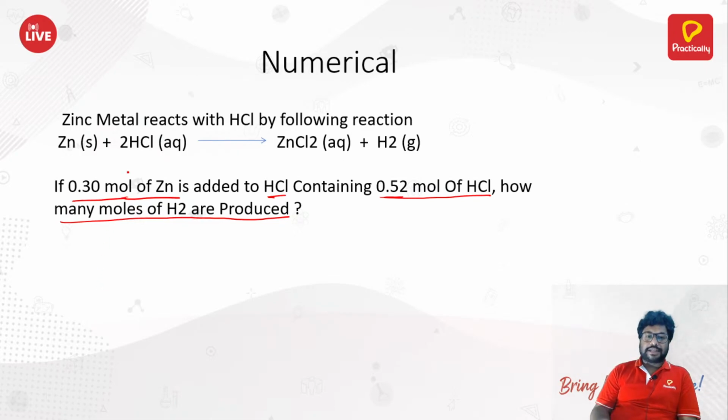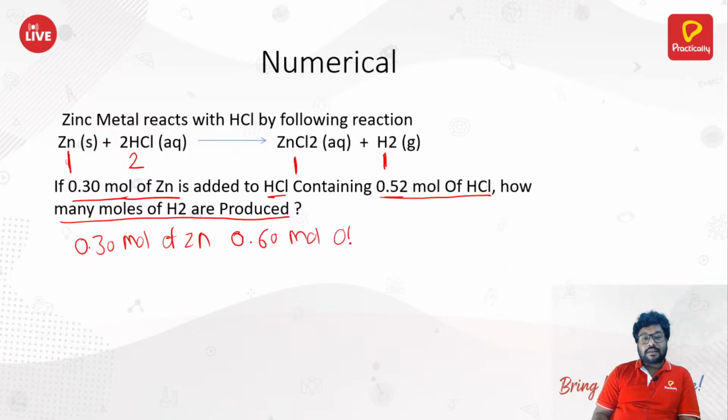Okay, so the reaction is already written. If you have 1 mole of zinc, you will require 2 moles of HCl. It is clearly written there, right? 1 mole of zinc requires 2 moles of HCl, which gives you 1 mole of zinc chloride and 1 mole of hydrogen gas. So 0.30 mole of zinc would require 0.60 mole of HCl, right?